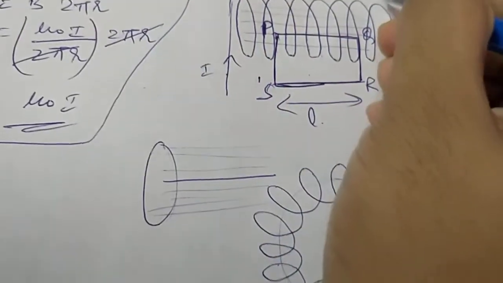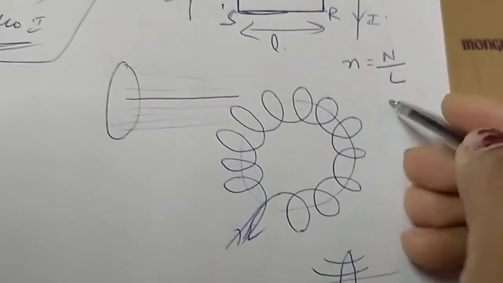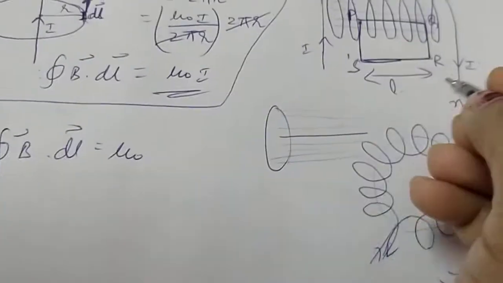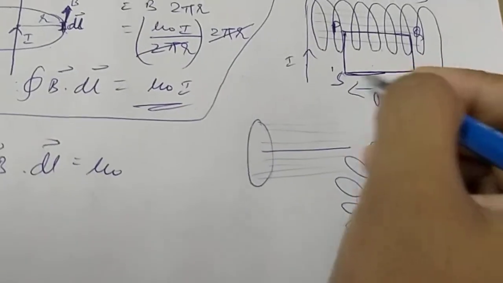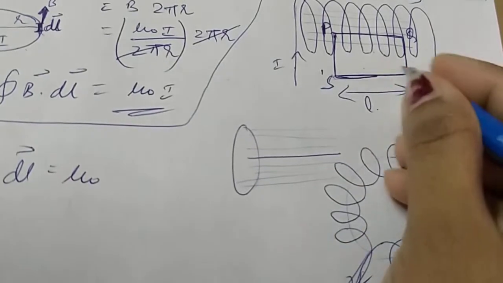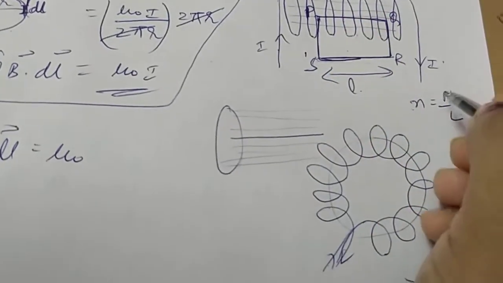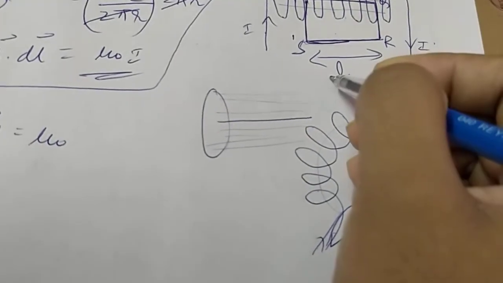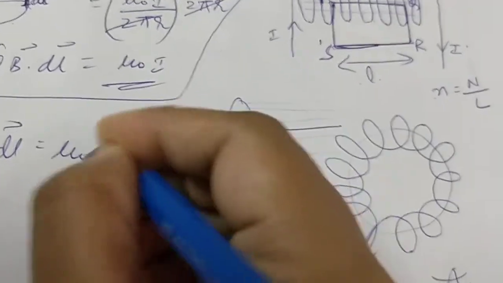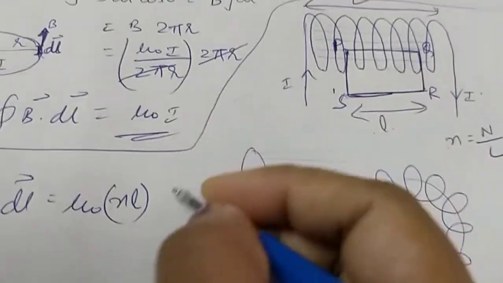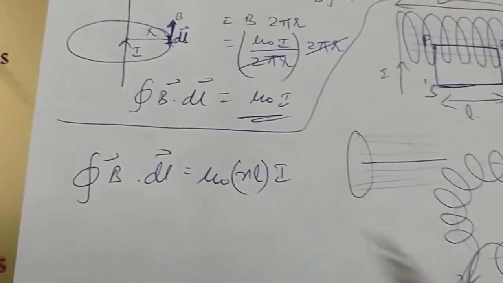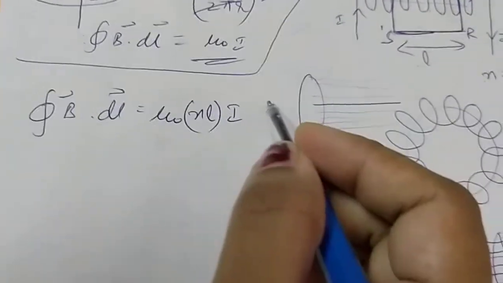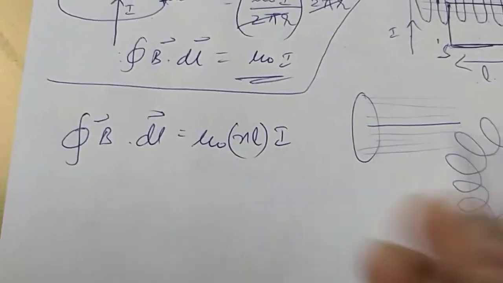So the total number of loops in this length will be n into L, and each loop has current I. So this is the current enclosed. On applying Ampere's circuital law, I get this expression.